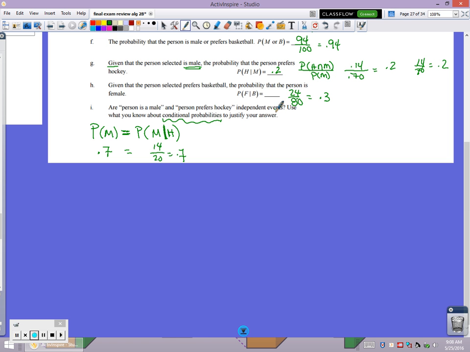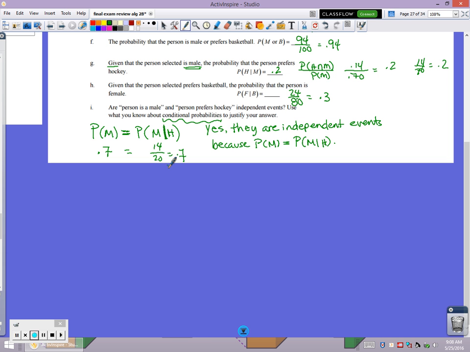Are they independent events? Yes, they are independent events, because the probability of being male was equal to the probability of being male given you like hockey. Because they were equal, I feel like this work over here is enough to justify.